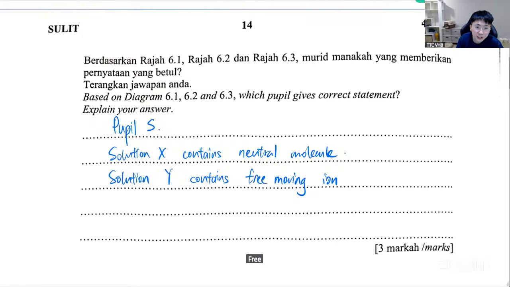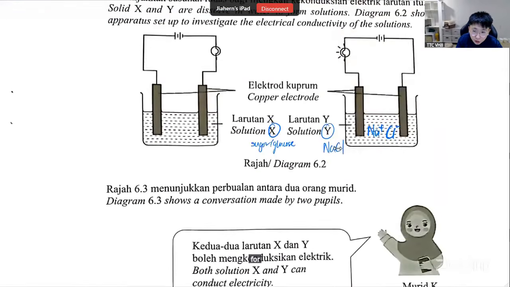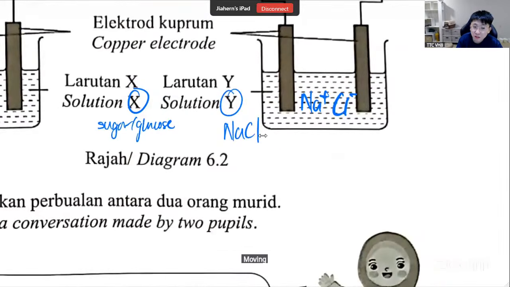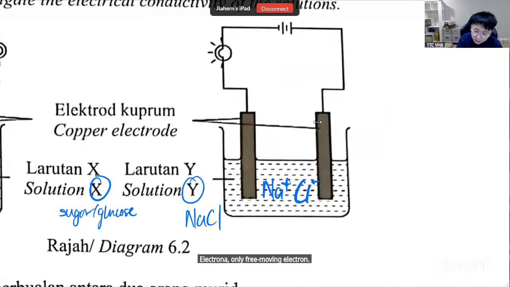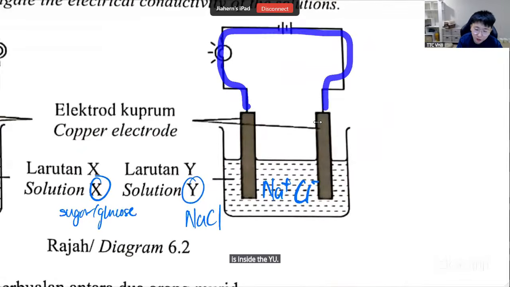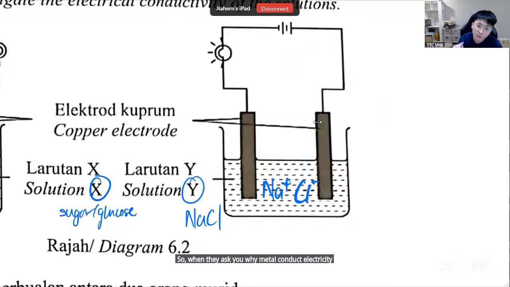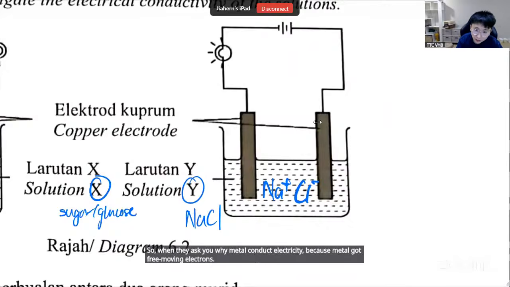Free moving ion or electron. Very good confusion for NaCl. Do you think it is a moving electron? No, so free moving ion. Only free moving electron is inside the wire. So when they ask you why metal conducts electricity, it's because metal has free moving electrons.